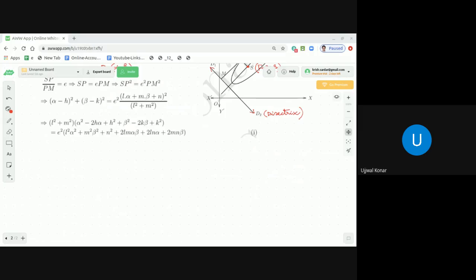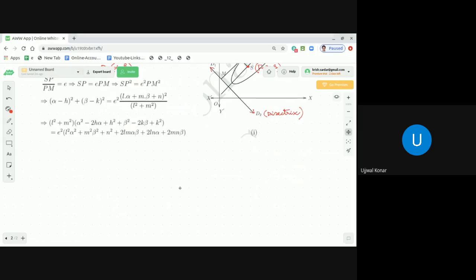So what I was telling is that instead of alpha, if we write x, and instead of beta, if we write y, what we are going to get is the equation of the ellipse as something like this.